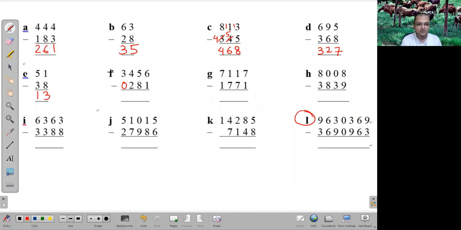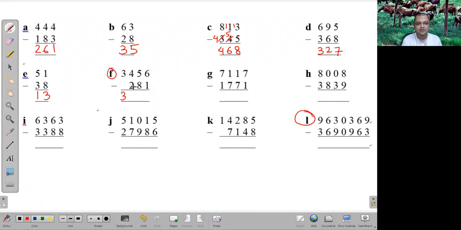Okay, so now next one, number F. Who wants to try number F? 4 digit. Can I try? Anyone else? Okay, fine. Start. 3 minus 0 is 3. And then 4 minus 2 is 2, but we'll not do it 2.